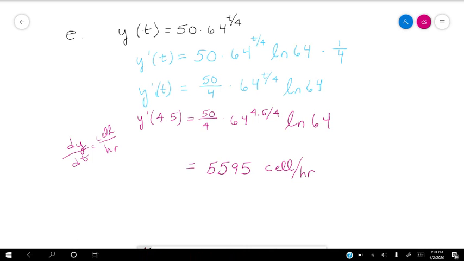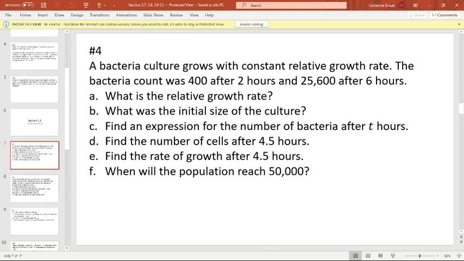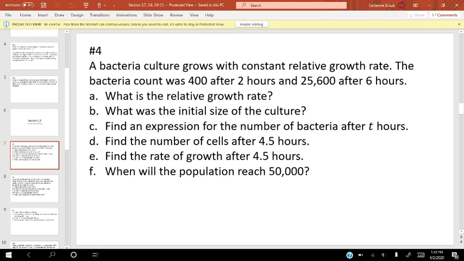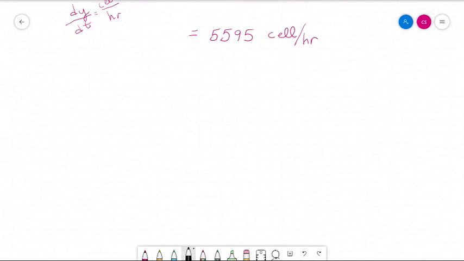Final question, right? And again, we're going back to algebra. We want to know, when will the population reach 50,000? So now we're back at algebra. Okay, so part F. We want to know when y of t is equal to 50,000, right? When does that happen?